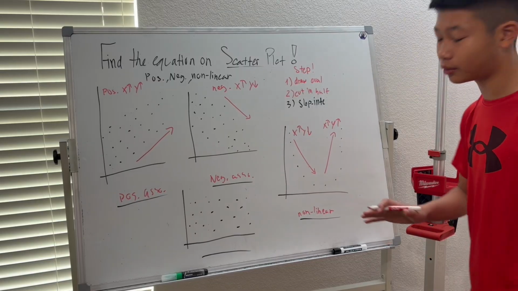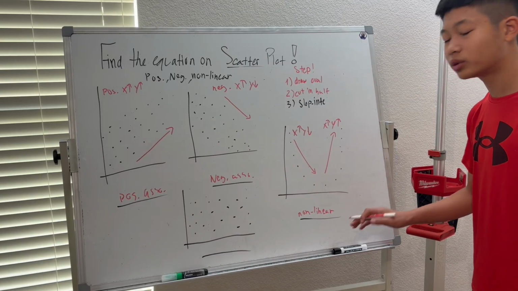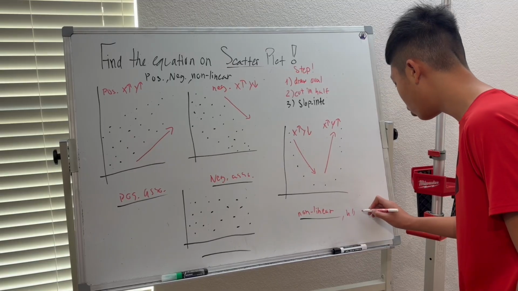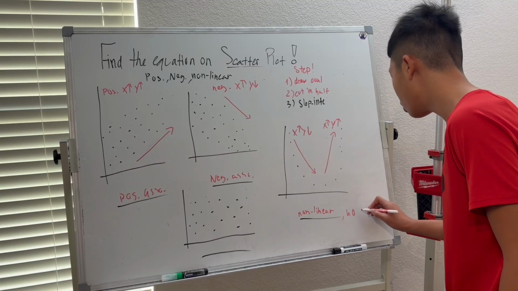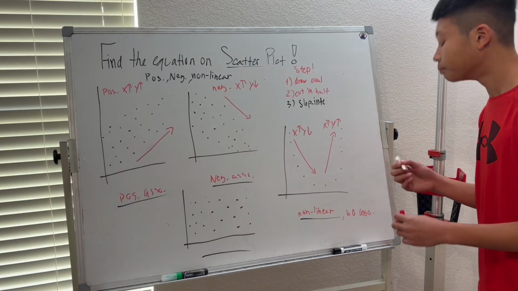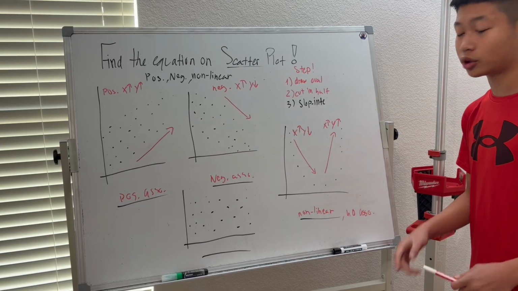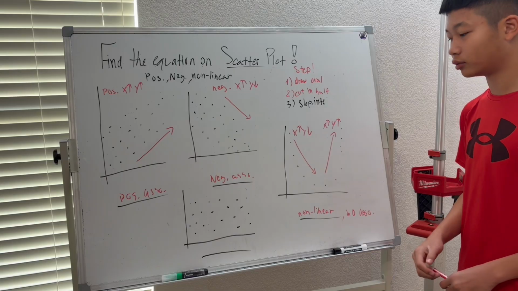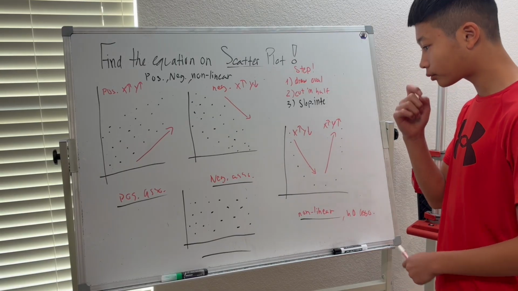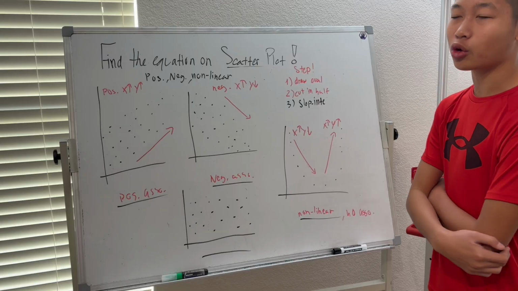So it's not linear, but you don't say nonlinear association. You say no association. If you're studying algebra 2, this is called a quadratic equation. So it's nonlinear, it's quadratic.